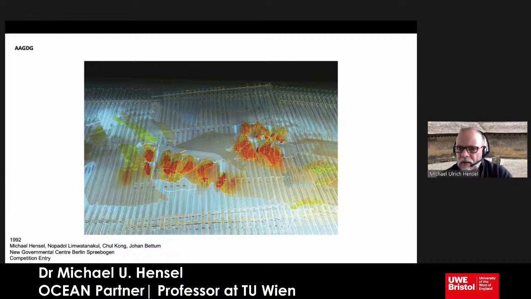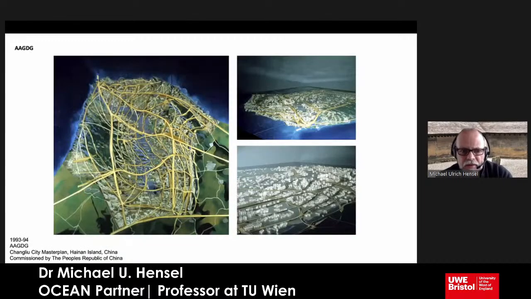So we would get fairly abstract models like this one for the Sprebo competition entry that we were working on at the same time, that looked at some sort of enmeshing of architecture and landscape architecture, as you would call maybe these expertises today. So really, these kinds of experiments took place largely without the use of computer.